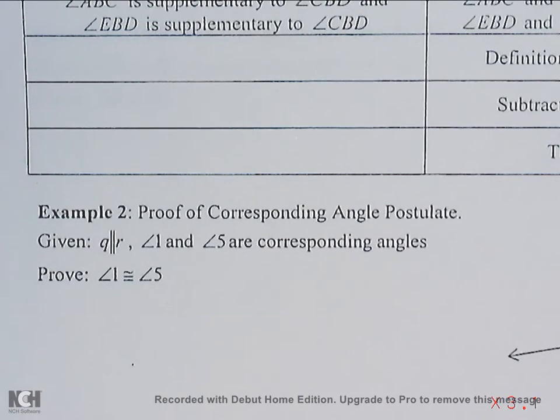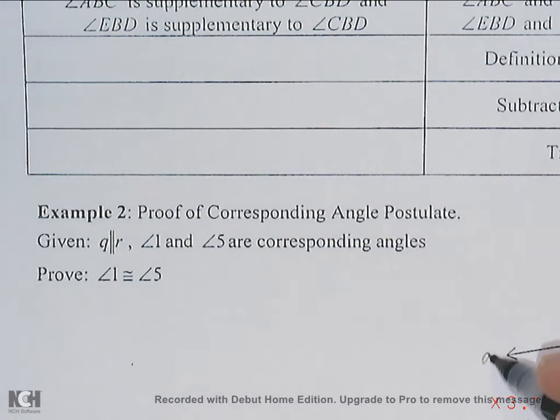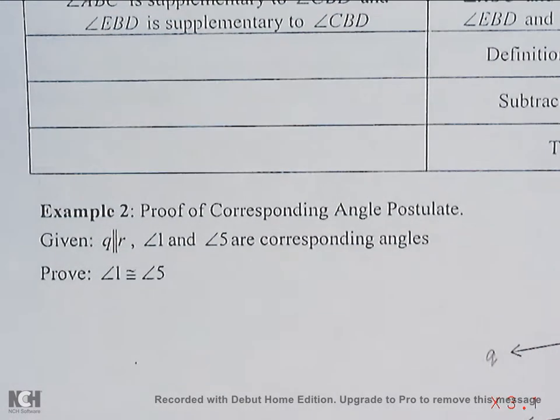So it wants me to do a proof of corresponding angles. And it's going to give me that lines Q and R are parallel.